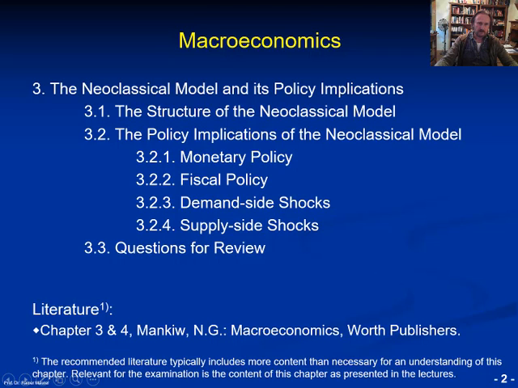Before we start, let me give you an overview of this chapter. In this chapter we will discuss the neoclassical textbook model of a macroeconomy. In section 3.1 we will develop the structure of this model.